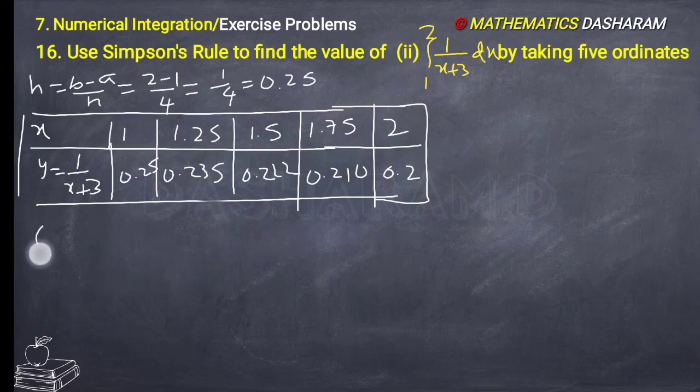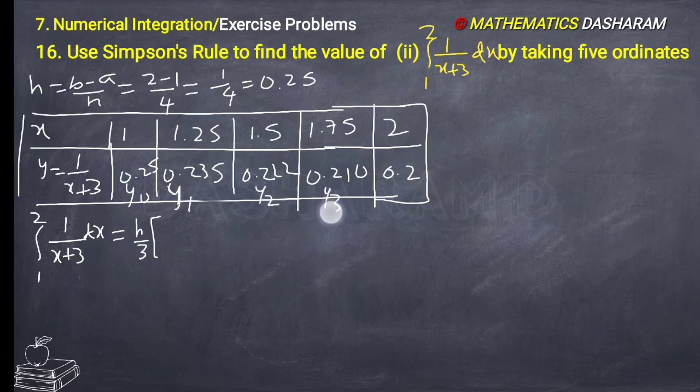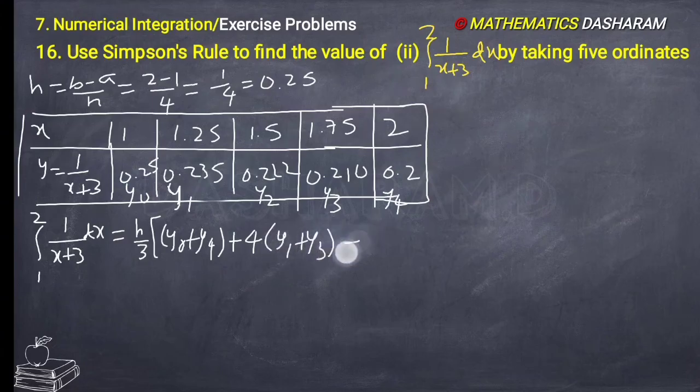Now the integration from 1 to 2 of 1 by x plus 3 dx equals h by 3 bracket of y0, y1, y2, y3, y4. So y0 plus y4, plus 4 into the sum of odd ordinates y1 plus y3, plus 2 into y2.